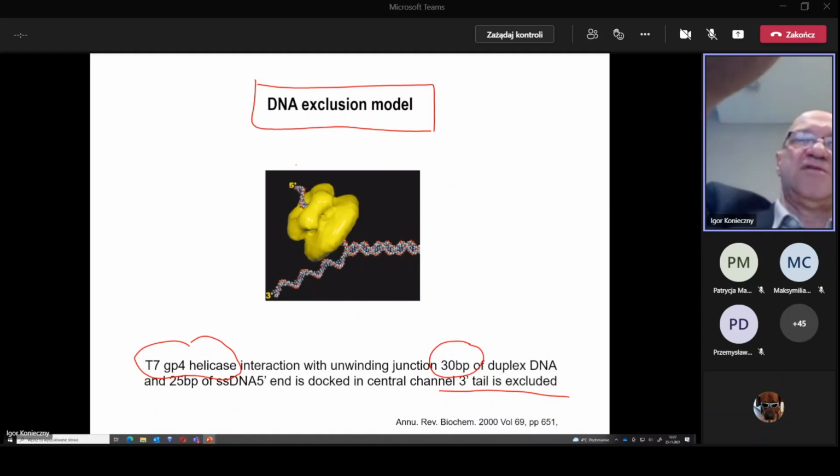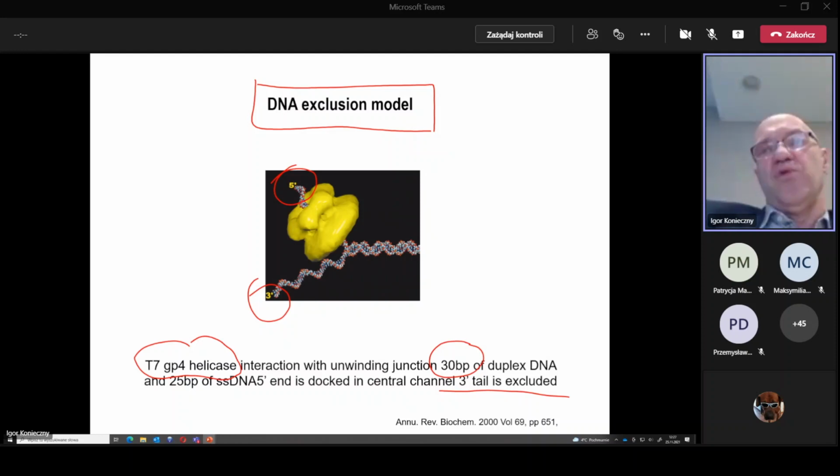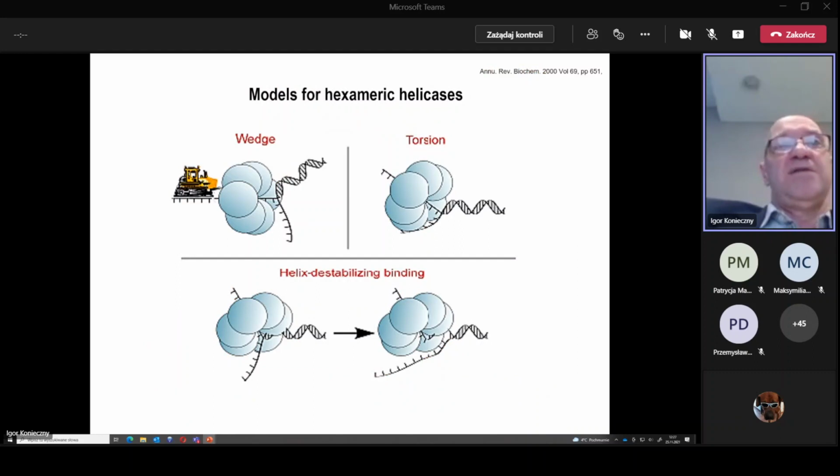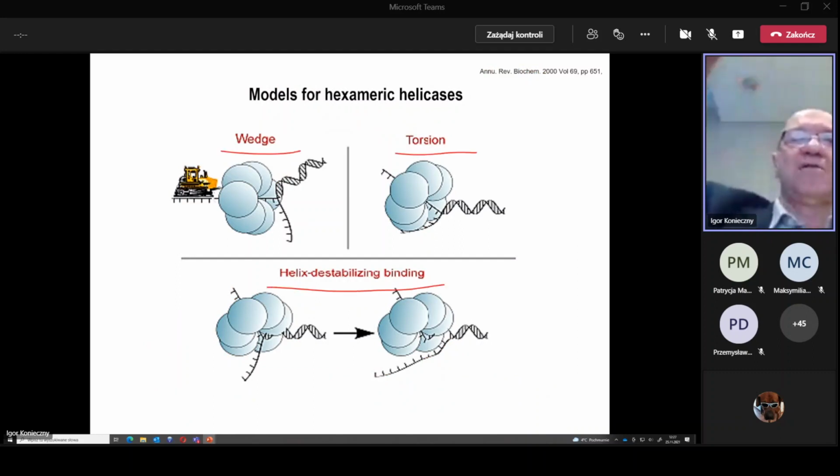So the helicase stays on the single-stranded DNA and moves. How it moves is another story. We can have a wedge model, a torsion model, and a helicase destabilizing binding model. So different concepts were considered as a mechanism, but you see that they are not that specific.